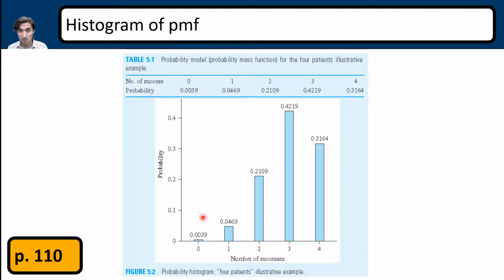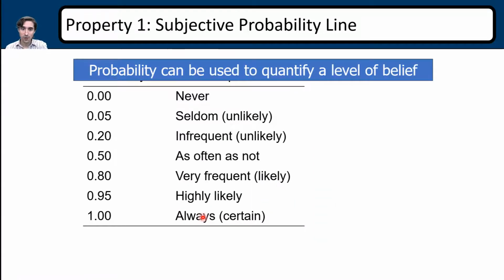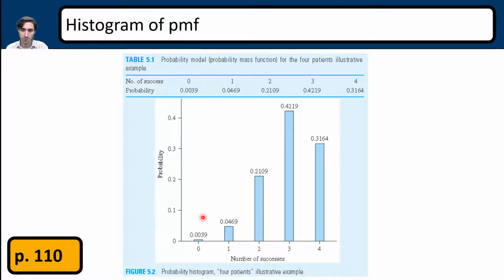Because if you have 4 people and there's a 75% chance, it's pretty frequent that people are going to have a successful procedure. Now, the chances of only one is 4.7%. The chances of 2 successes is 21%. The chances of 3 is 42%, and to have everyone have a successful procedure, it goes a little bit down to 31 or 32%.